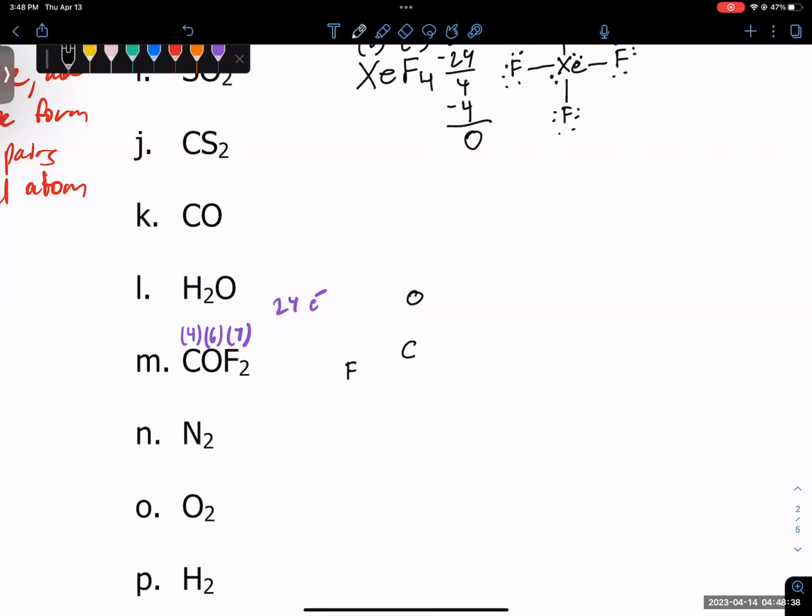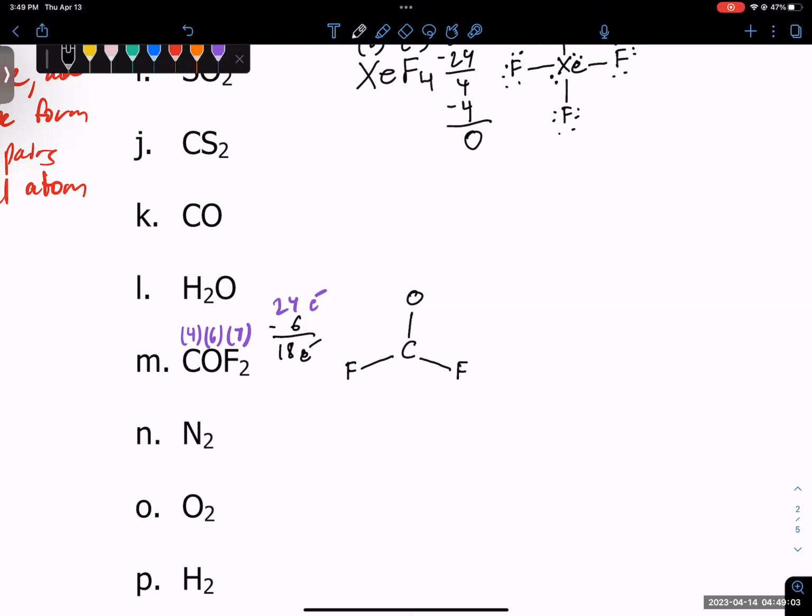All right, fluorine here. So once again, following my rules, we're going to draw bonds from our central atom to our surrounding atoms. So 24 minus 6, that's 18 electrons. Now, what's our next step? We've counted up our valence electrons, we have identified our central atom and surrounding atoms, and we've drawn bonds from our central atom to our surrounding atoms.